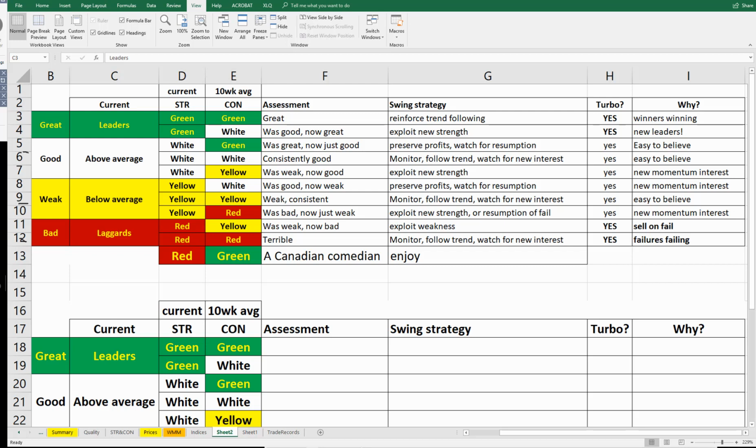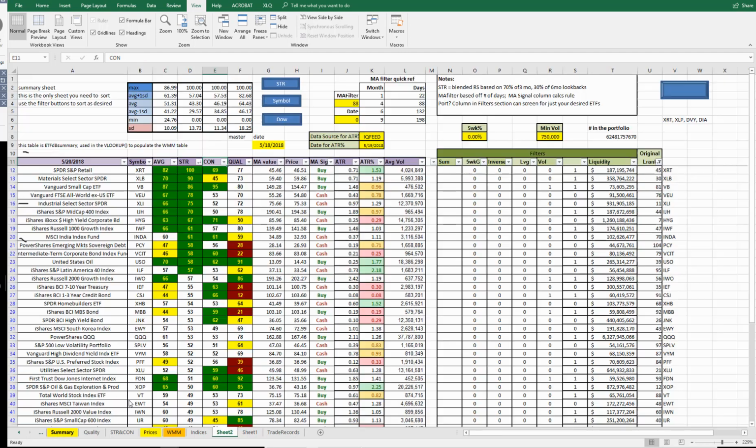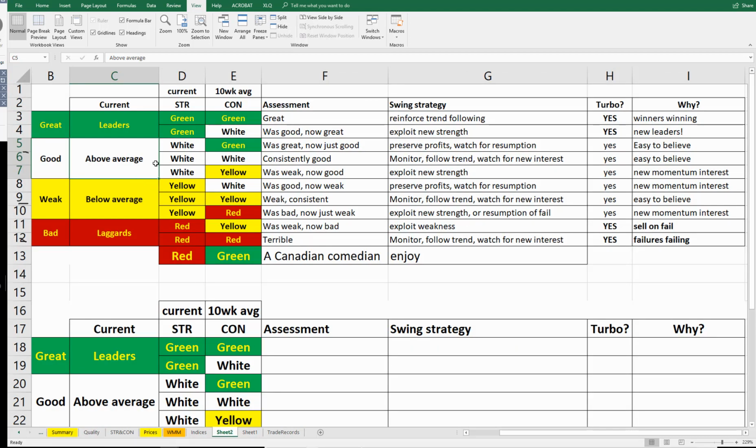Okay, so that's that. Now let me get back to this little rascal. So what we're going to do is, for all of these scores on strength and consistency and on the average, we're going to find the average line, and everything that's within 1 standard deviation of average, from average up to +1 SD, we're going to color code white.